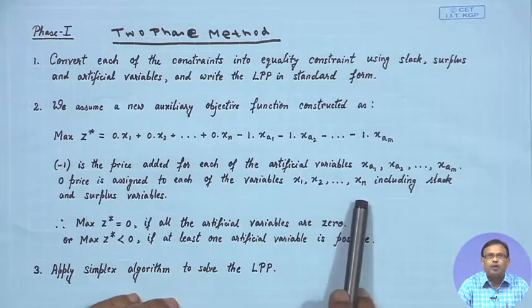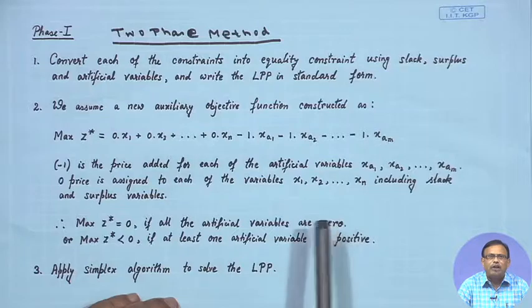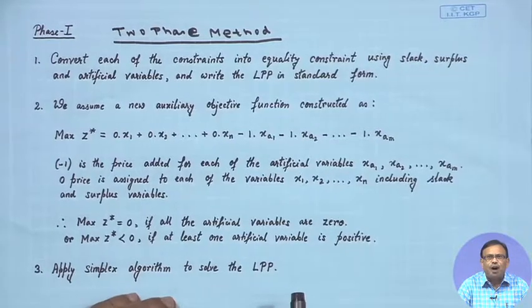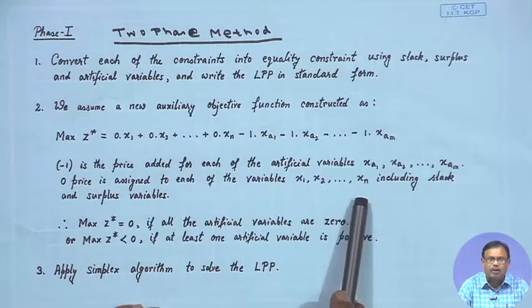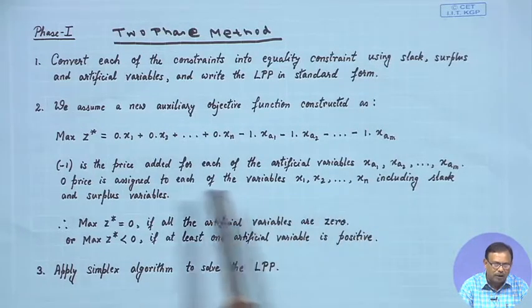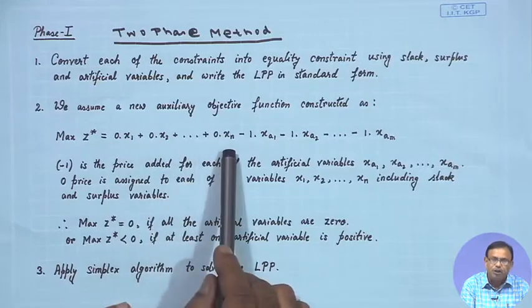This x1, x2, up to xn contains the decision variables as well as slack and surplus variables. So, please note this one. If I have the decision variables and slack and surplus variables as n variables, then for those n variables x1, x2, up to xn, the coefficients in the auxiliary objective function are given as 0.